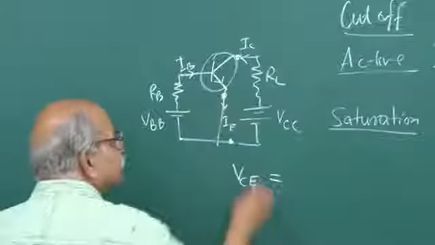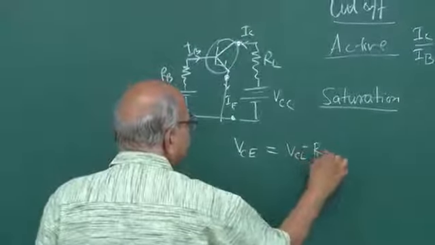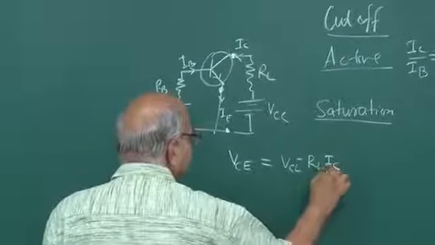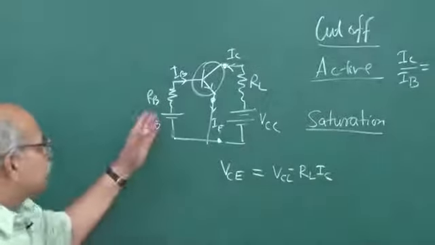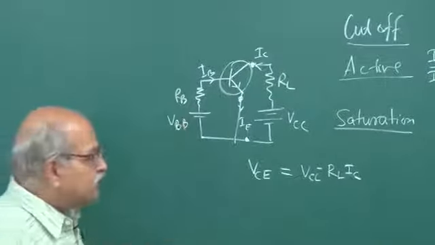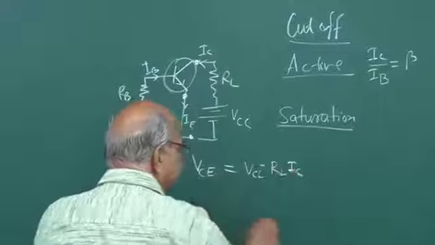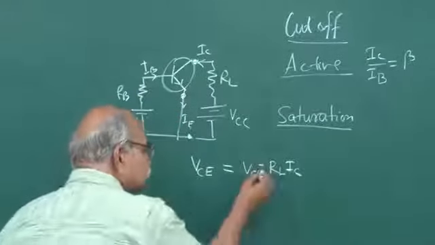This is VCE. So, that VCE is VCC minus RL times IC. So, suppose we start with a small IB, we start with a small biasing here, and then you have a small IC, and then VCE is good enough, large enough.